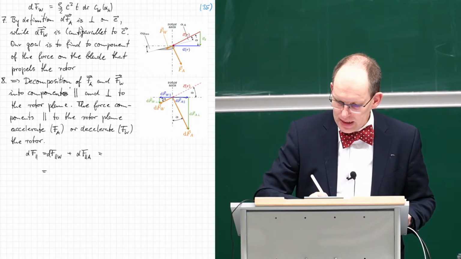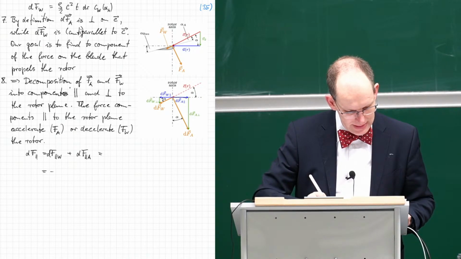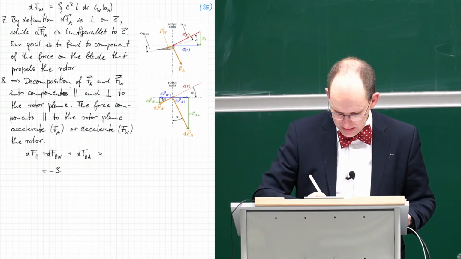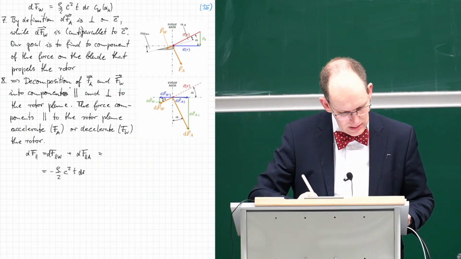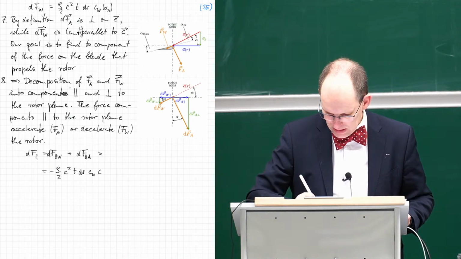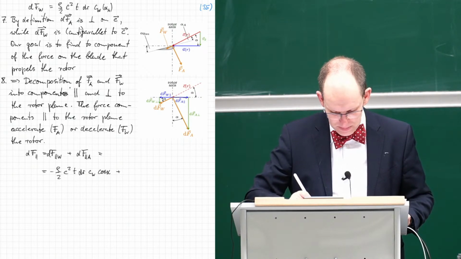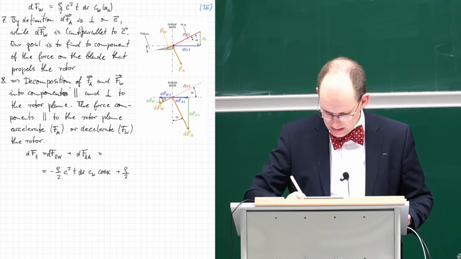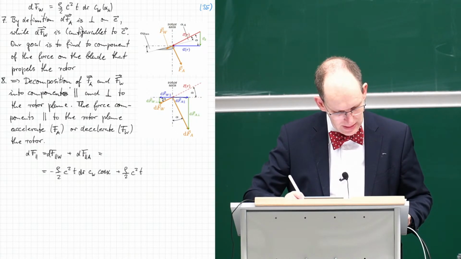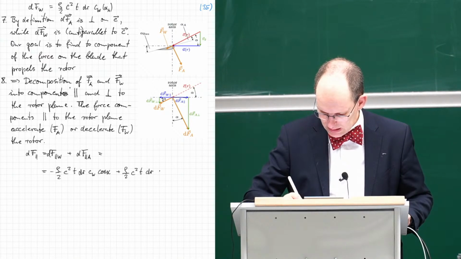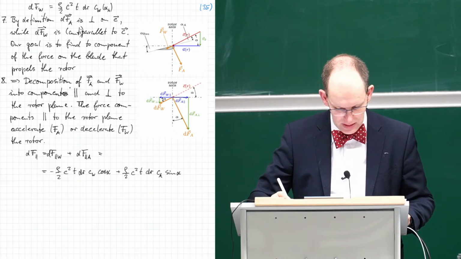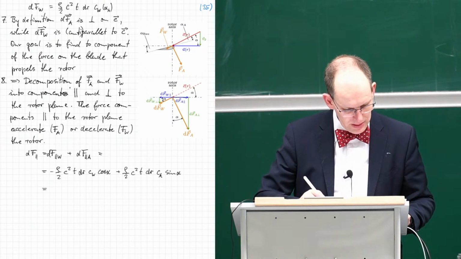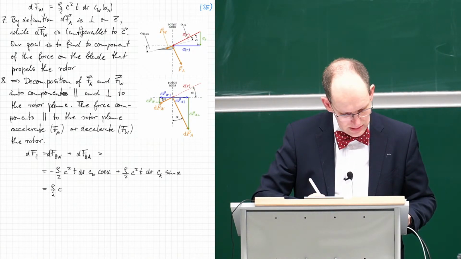So what we find, including signs, is that here we have the drag with a negative sign, cosine of alpha, plus rho over 2 c squared t times dr, lift coefficient, and then the sine of alpha. And of course it can be written a little bit nicer by factoring out common factors.